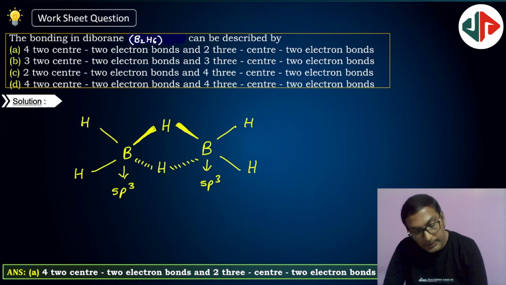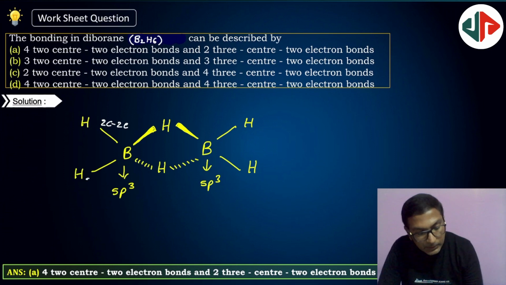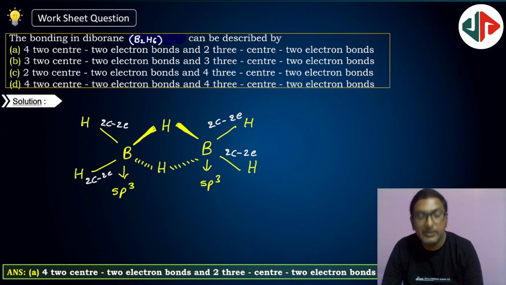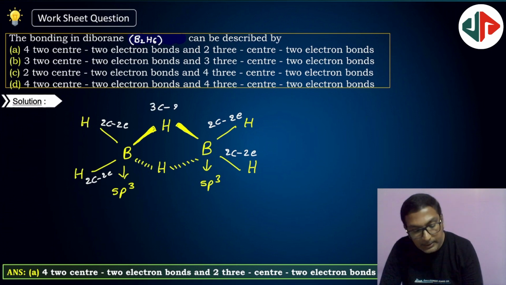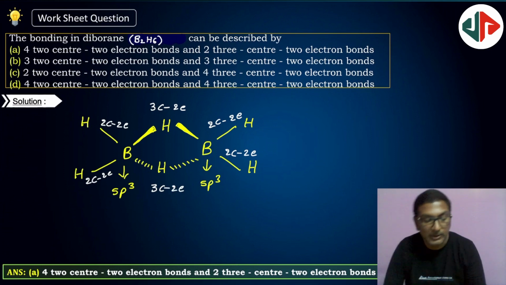First, here two centered two electron bond. This is also two centered two electron bond. Two centered two electron bond. Two centered two electron bond. But BHB bond is three centered two electron bond. This is also three centered two electron bond.